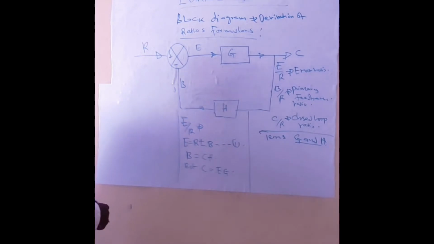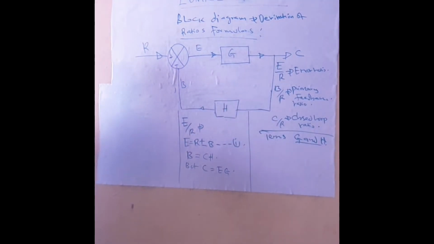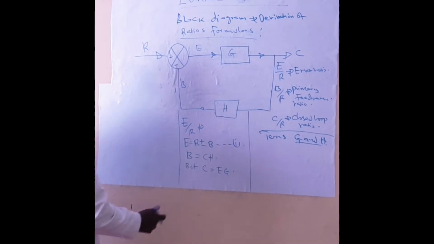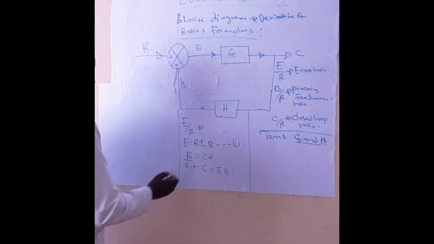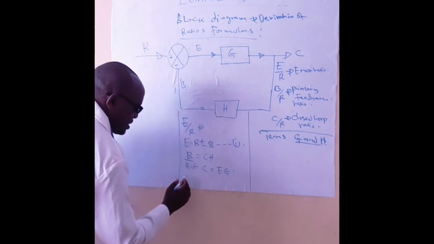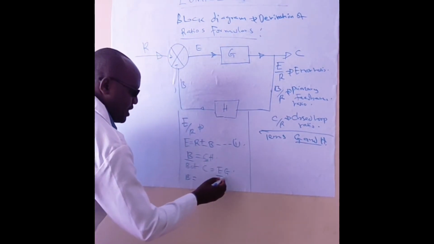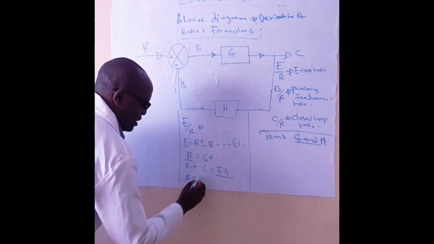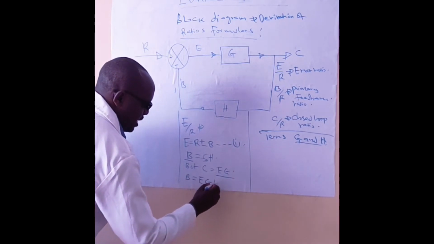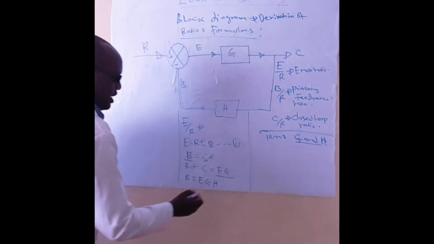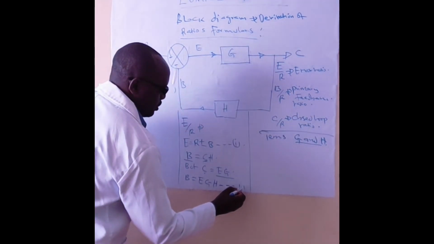So instead of C we write EG, and B is going to be EGH. EGH is for the B, and this gives us equation 2.